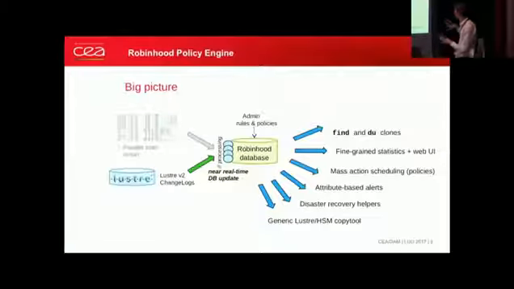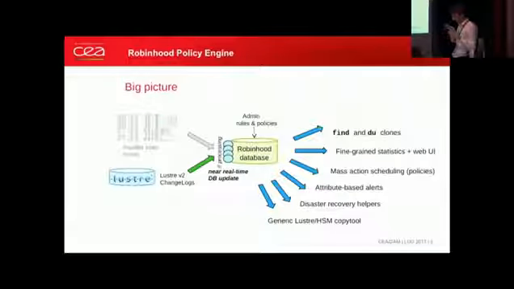This is pretty much the same thing, but as a picture. So the file system is the input, either when you scan it, so Robinhood has a parallel scanning engine. You can even distribute it if you use partial scans, subdirectory scanning, or it can read the changelogs on Lustre version 2.